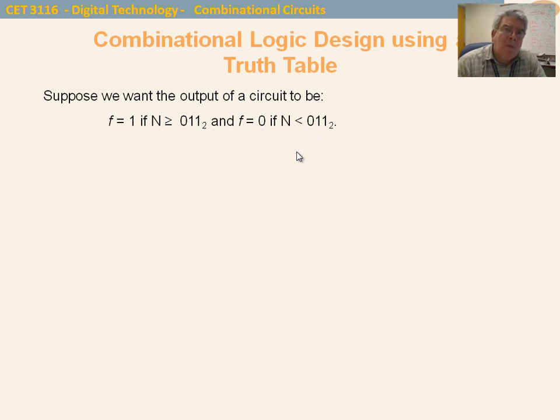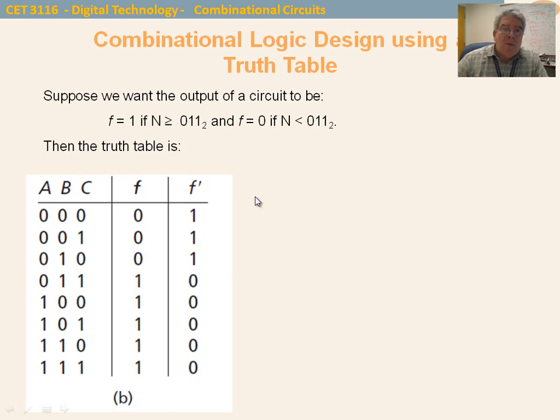Now, what would be the best way to describe the behavior of that circuit? If you remember, we mentioned that the best way to do it is through a truth table. So here we have all possible combinations of the inputs.